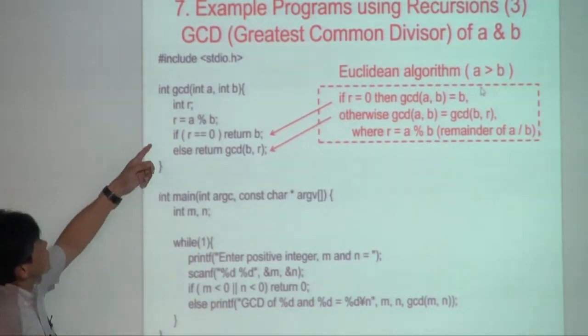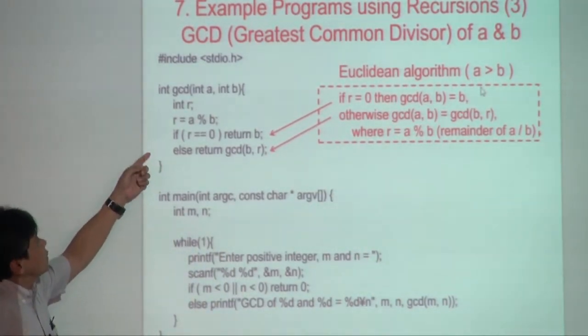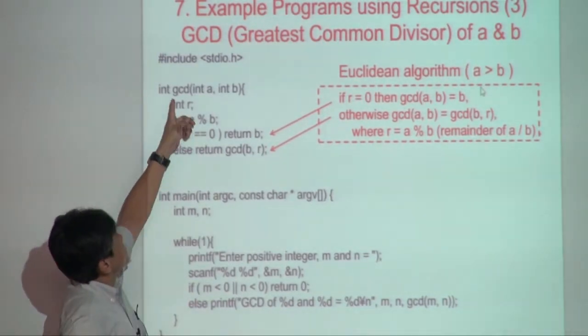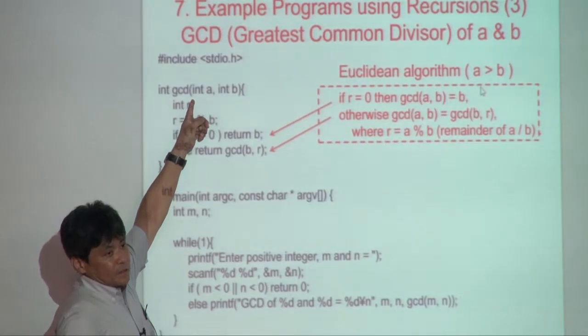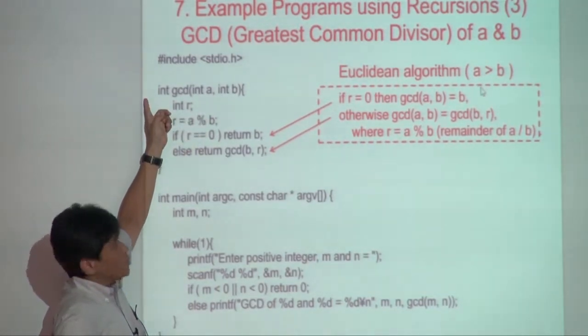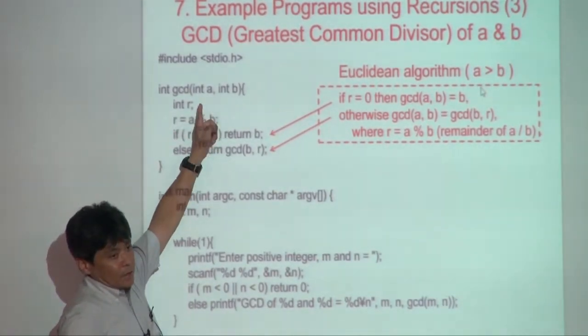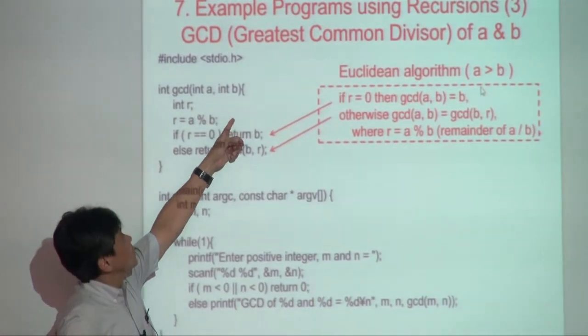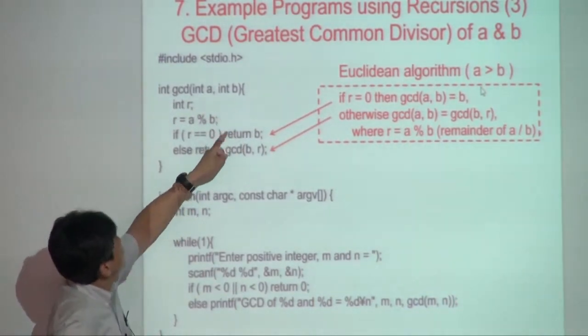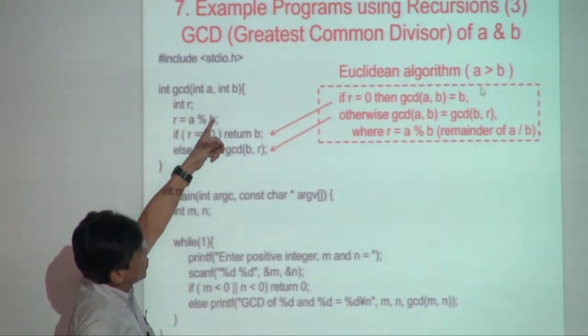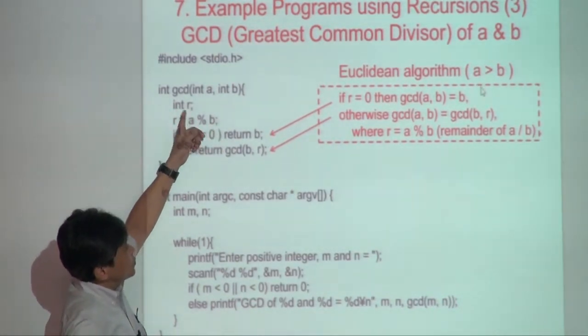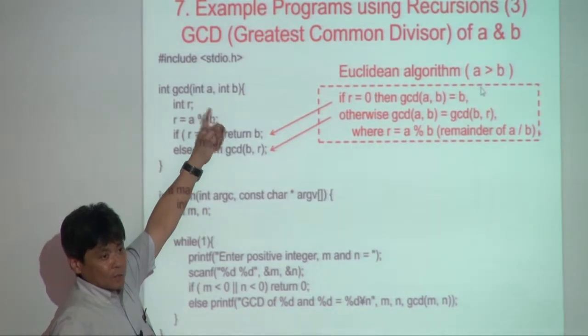So in a program, you can specify the GCD like this. The function name is GCD, the return type is integer, and you need two arguments, A and B, both integer type. Also you need R as a local variable.